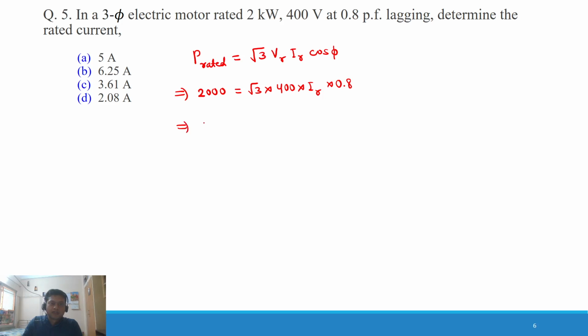So from here we get the value of rated current. That comes out as 3.608 ampere, approximately equal to 3.61 ampere. Correct answer option will be C. Now let us see the next question.